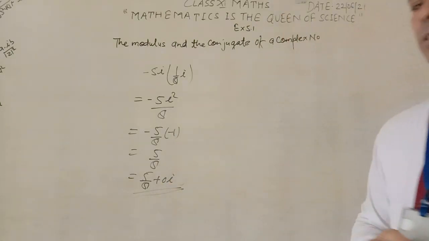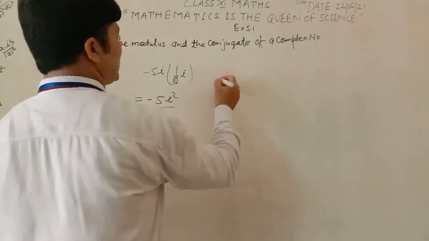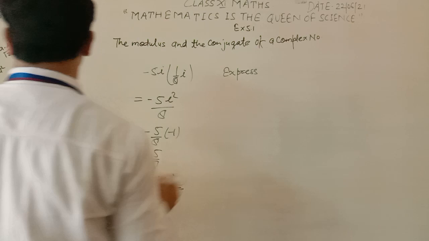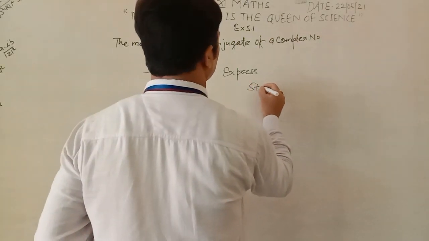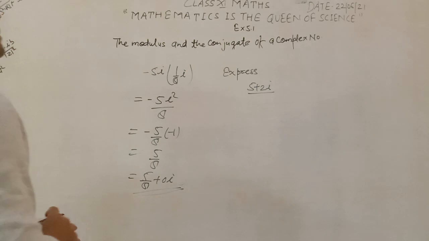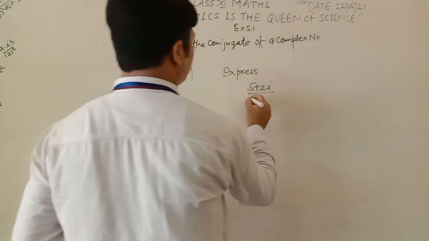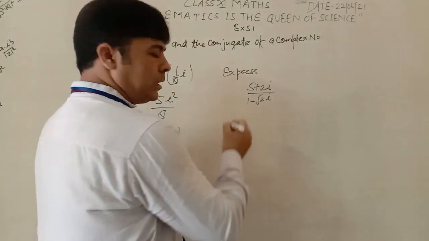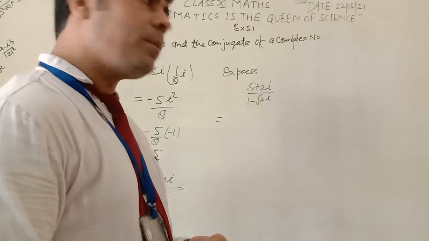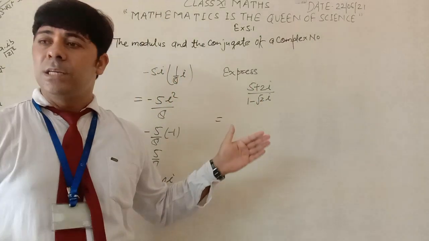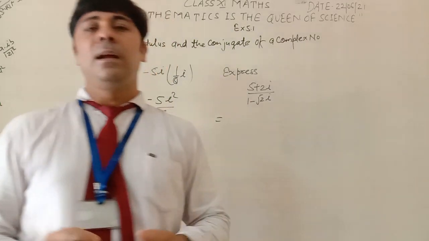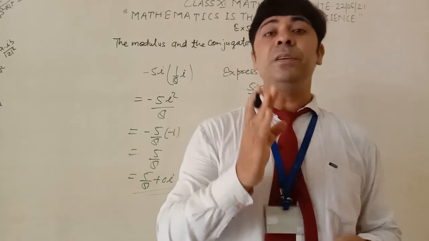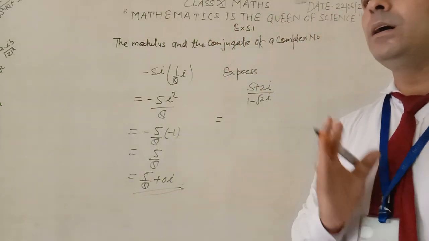There is a question based on this. If you express the number 5 plus 2i upon 1 minus root 2i in the form of a complex number, how can we represent it? Firstly, student, see here, if the denominator of any number is complex, we need to convert it into a real number first.